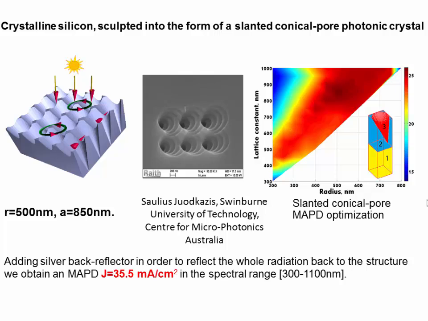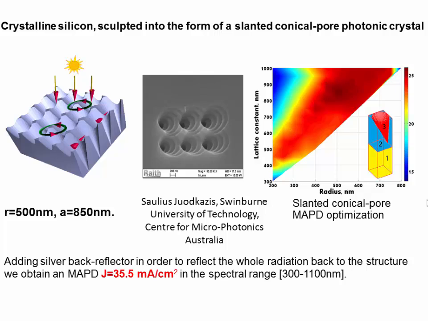This is an attempt to manufacture this structure by our colleagues in Australia. And on this slide, on the right panel, you see the result of the MEPD optimization itself. It was for this sort of structure, these slanted conical pores inside silicon.